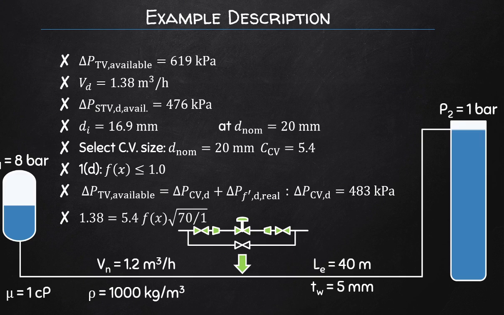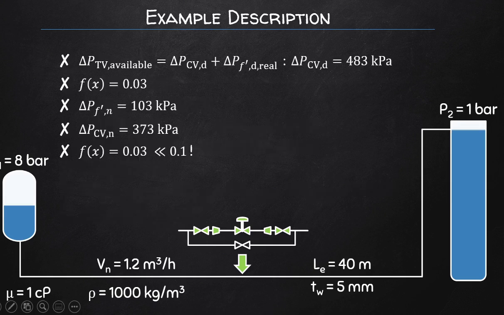Now we check the fraction of the total flow area of the control valve, which is f of x, and then using the design equation at the designed flow rate, the fraction can be determined, and we determine it as being 0.03, which is 3% open. So this control valve has to be 97% in the closed position. So this is pretty ridiculous, and this design will simply not work.